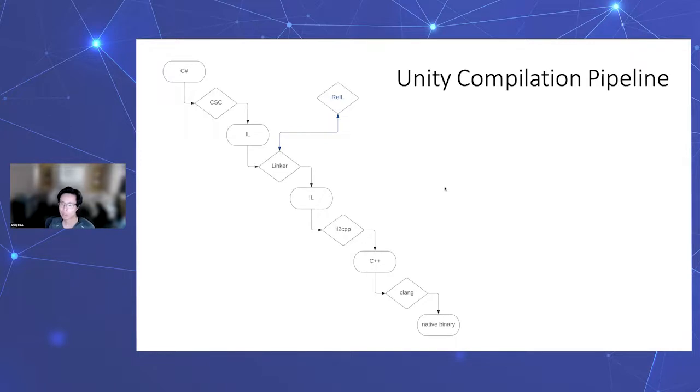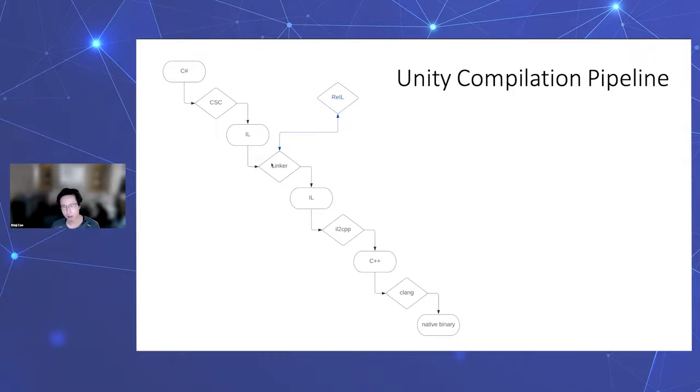Okay, so here is a diagram which I hope can illustrate the compilation pipeline for Unity apps. It compiles C# code down to IL, then the linker. This linker is not a linker in the sense of native code. It's kind of like aggregating all the IL files and then doing some processing.